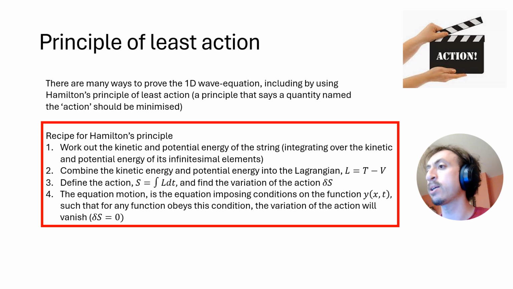so joules, and since the action is the integral of the Lagrangian over time, it has units of joule seconds. But there's a very important quantity in the universe, a constant called Planck's constant, which also has similar units, indicating that the action has a lot to do with very fundamental things in quantum mechanics.